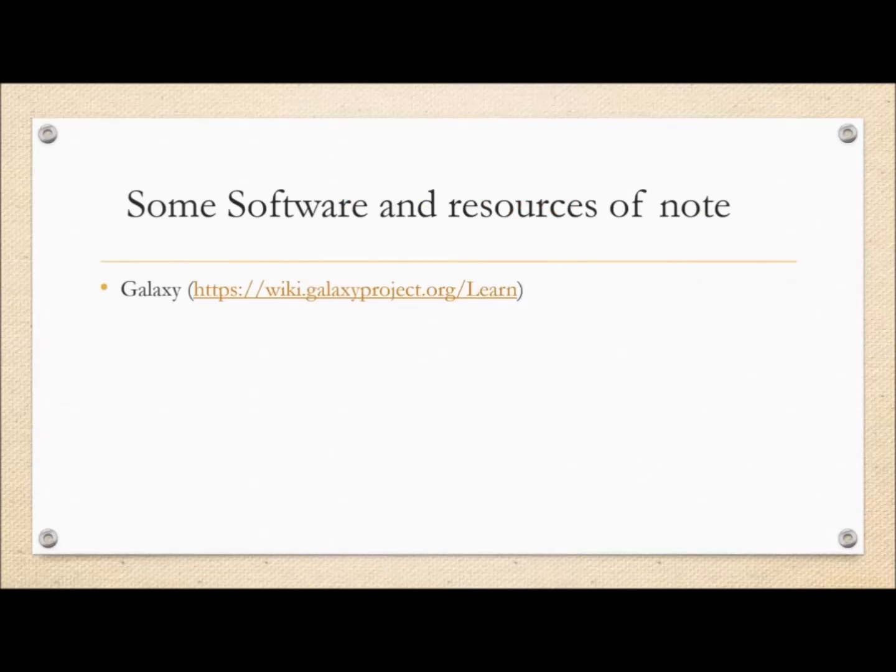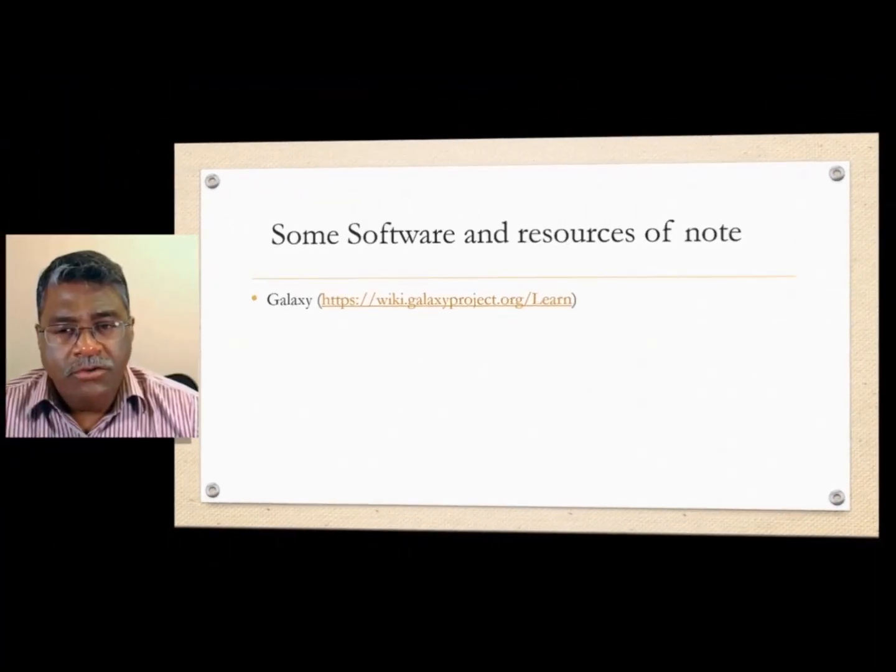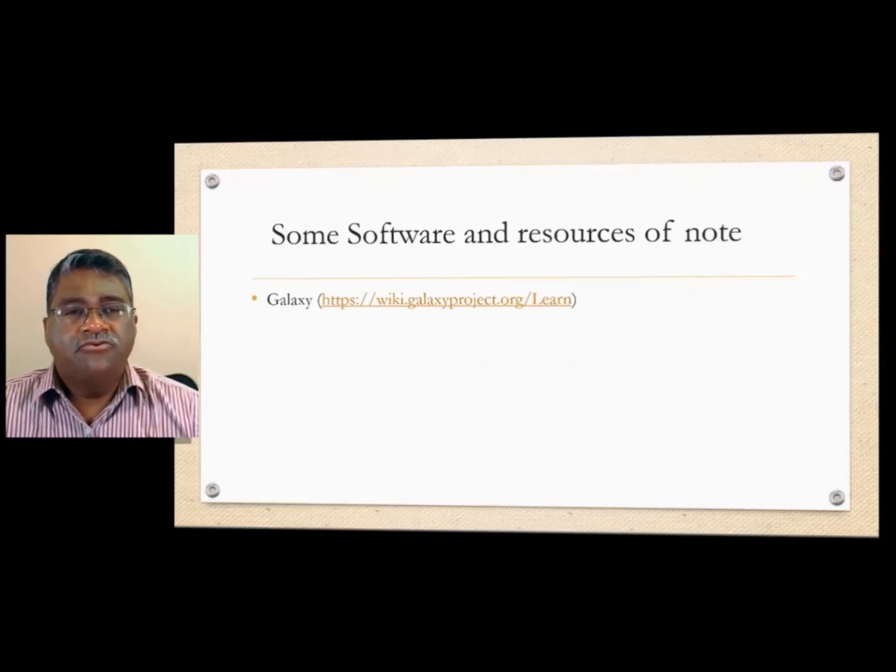Now, what is Galaxy? Galaxy is a portal. I think it's free access. And what the Galaxy project does is it's a portal that gives you all kinds of very interesting resources that you can use, and you can get onto the Galaxy portal and actually run your software there.